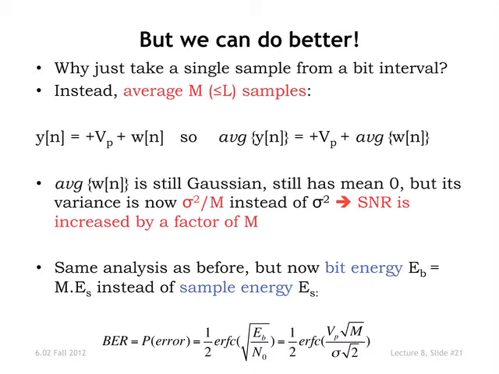So if we've got independent noise samples from one sample to the next, and we average them, well, let's just average both sides of this equation. We've got the average of y. It's going to be the average of these values, which is just going to be VP again because it's constant at VP, plus the average of W. Here's the other interesting thing.